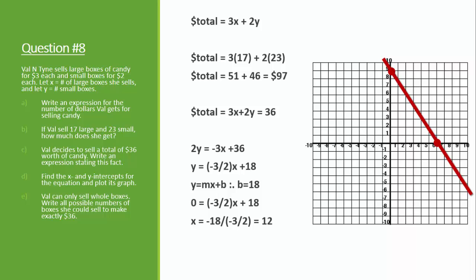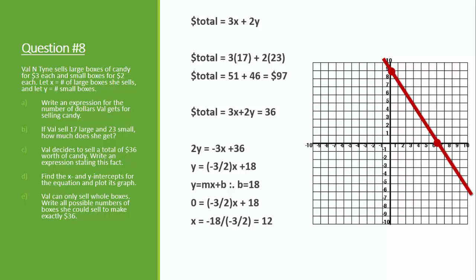So since she can only sell whole boxes, write all the possible numbers of boxes that she could sell to make exactly $36. And frankly, you could do this mathematically and you can do it graphically. Hopefully on your paper, your scale is large enough that you can look at your line and start tracking it, looking at places where that line goes exactly through the intersections of your grid lines.